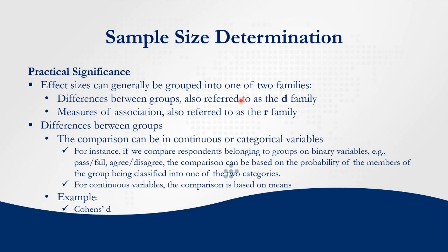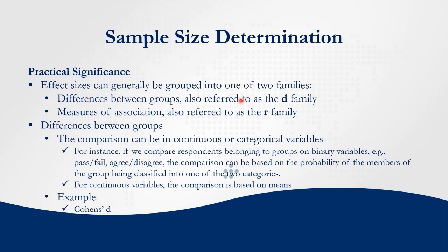And then on the other side, we have the family that looks at relationships or associations. So that would be the R family. When we talk differences between groups, that would be the D family, which, as I've said, can be a continuous or categorical variable.